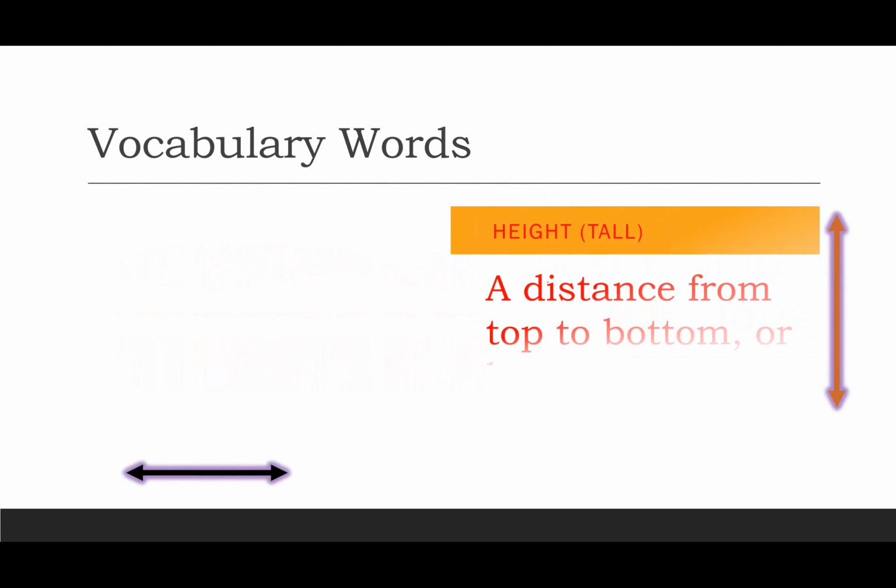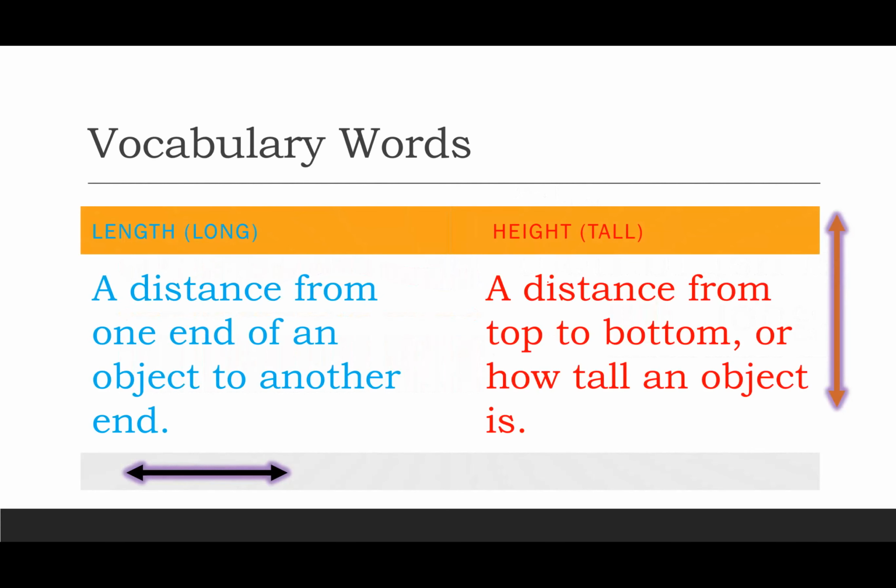Now, for today, our vocabulary words are length and height. Now, you all know what's the meaning of length, right? Length means how long an object is. So it's the distance from one end of an object to another end. You see? This is the length. This is how we measure how long an object is. You start from one end all the way to the other end.